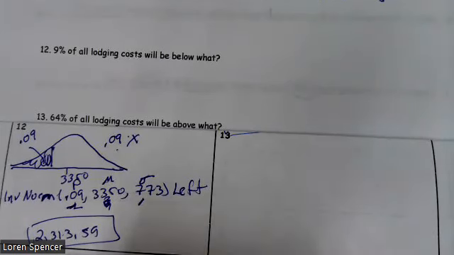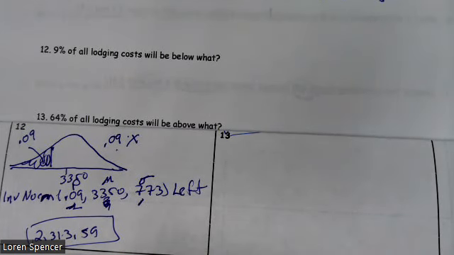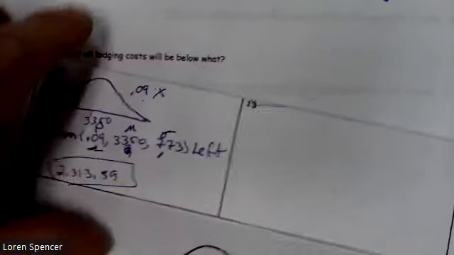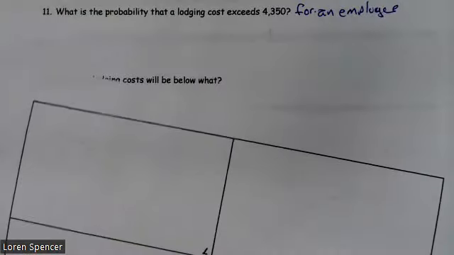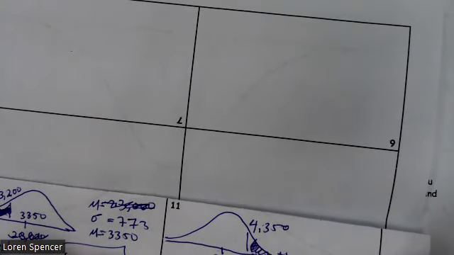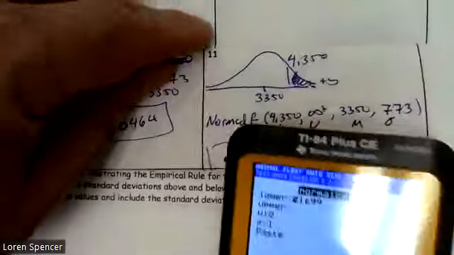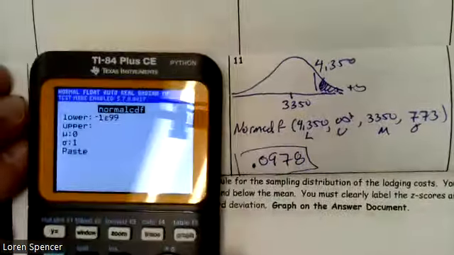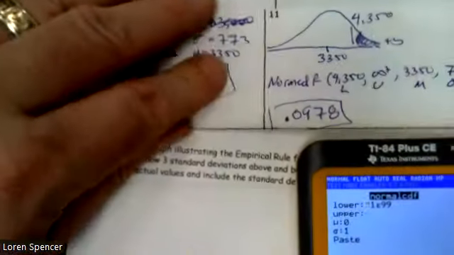I want to run something real quickly. I'll go back and check this out. Second vars, NormCDF, excuse me for just a second. This was number 11.